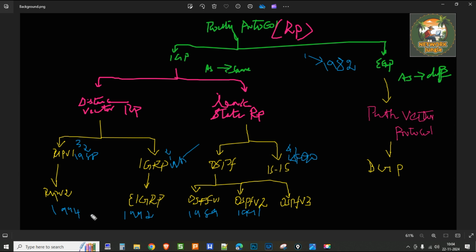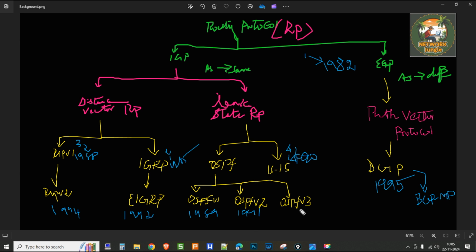In 1994. After that, we go into the exterior gateway routing protocol. BGP was introduced in 1995 to use different autonomous system numbers to share the information. Then after that, BGP MP, Border Gateway Protocol using multiple protocols.